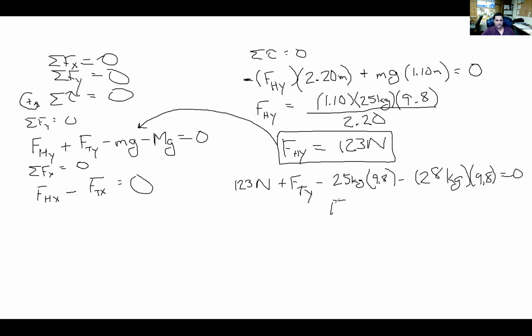So if I solve this for FTY, I end up with 396 newtons in the Y for the tension in the Y. So I have everything in the Y direction worked out.